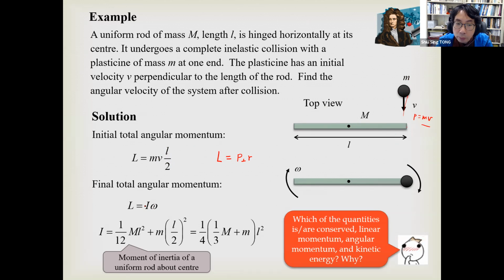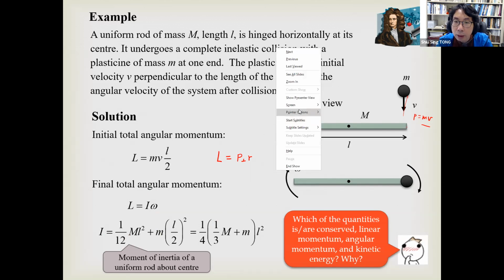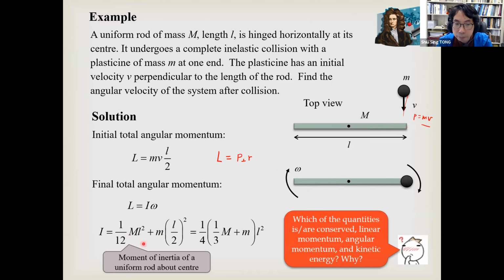Now the final total angular momentum is Iω, but angular momentum is conserved in this case. Now, how to calculate the moment of inertia of the composite body? Well, for this particle, the moment of inertia is, of course, the mass m, small m, multiplied by the distance from the pivot squared, which is (a/2)².